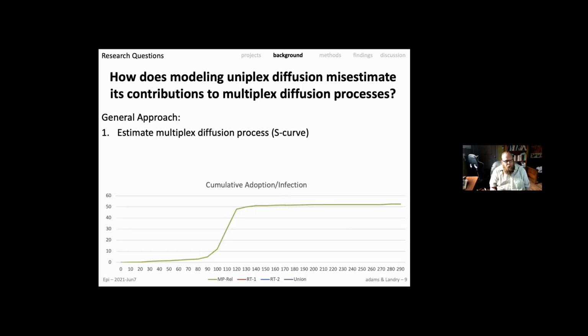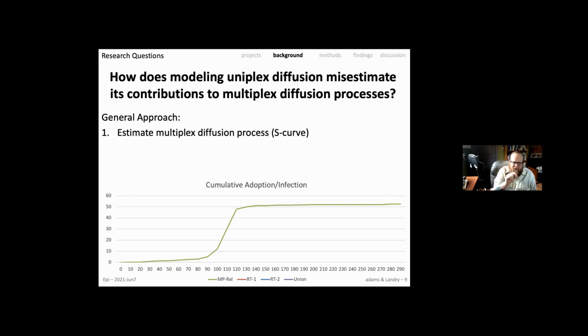So in general, what we're going to do here is estimate a classic diffusion curve, or an S curve, as these are often referred to. It's just a prevalence curve over time. And we're going to ask, over time, what's the proportion of a population that has adopted a new idea or a new behavior or become infected with a disease.